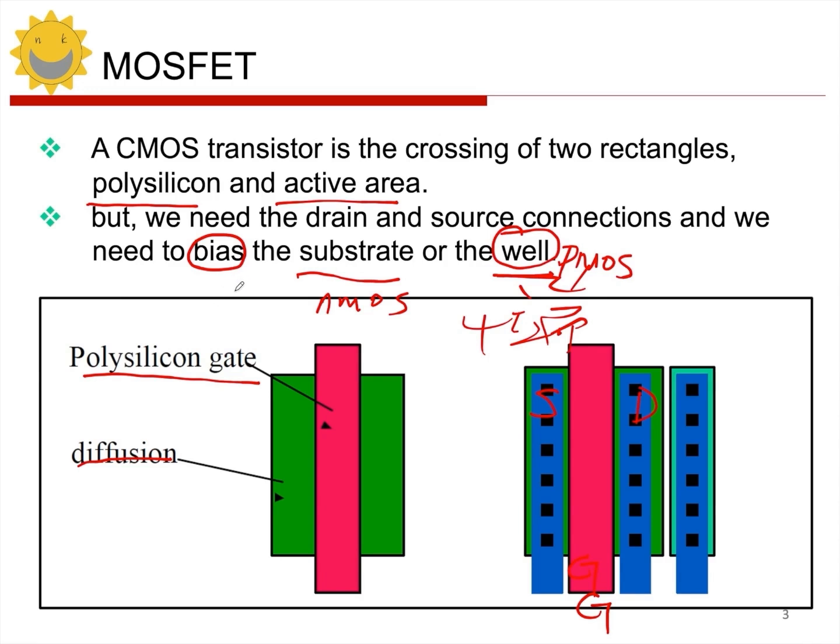If it's an NMOS, we need to connect it to ground, and if it's an N well, we need to connect it to the power supply, VDD. Pay attention to this four-terminal device. For example, if this is an NMOS, then the B terminal must be connected to ground. So this is how we draw it.